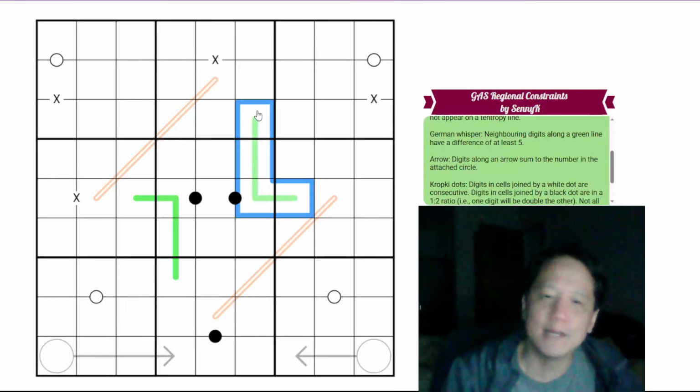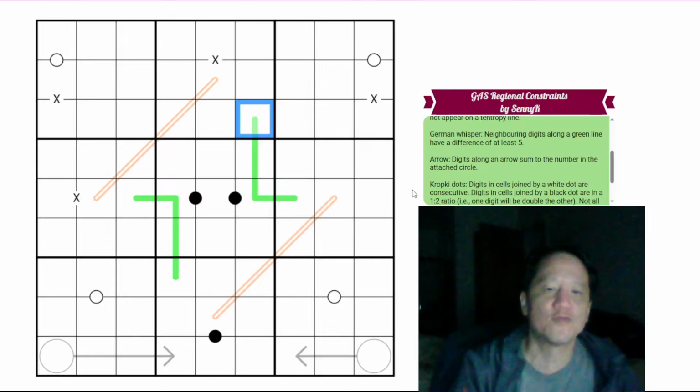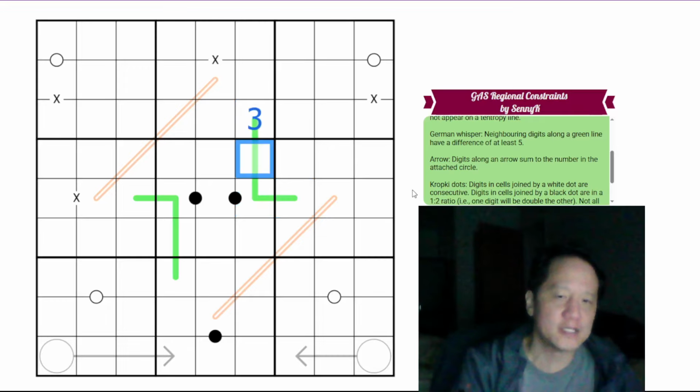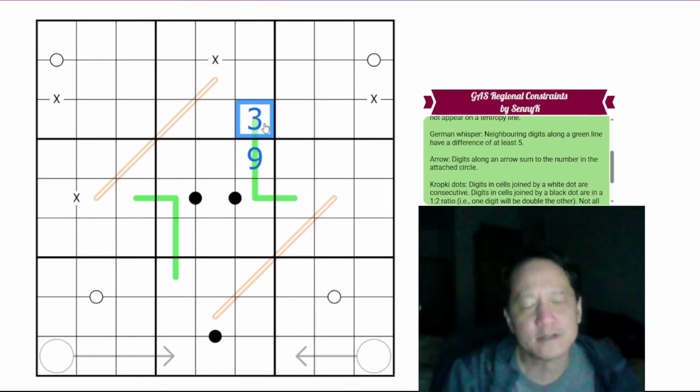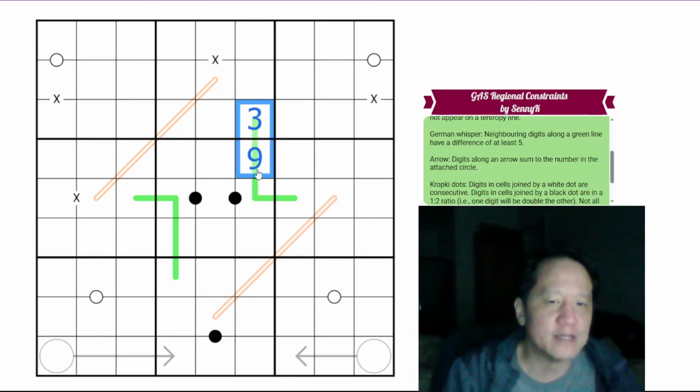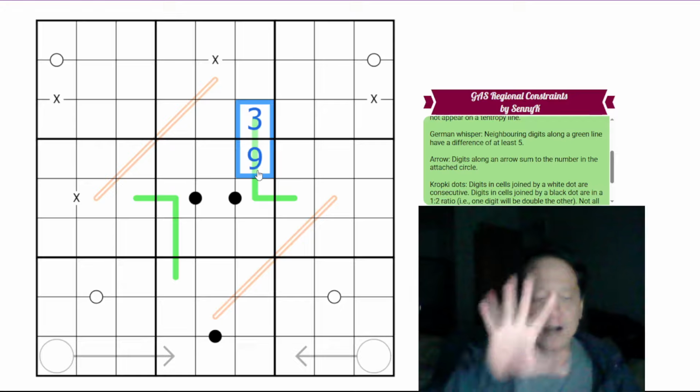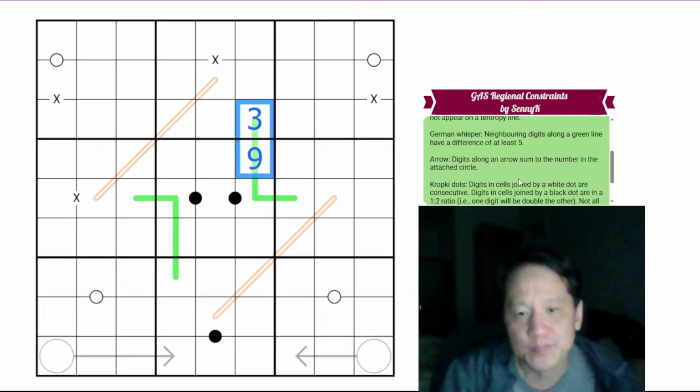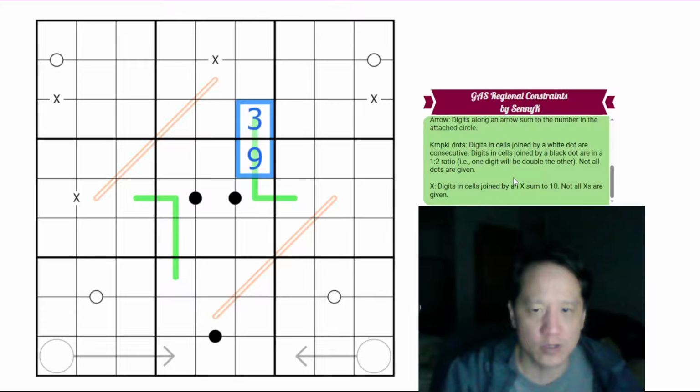Anyways, as an example of a whisper 5 or German whisper line, if we had a 3 here, this would have to be 8 or 9, because those are the only digits which are 5 or more away from 3. So that's an example of how German whisper or whisper 5 lines work.